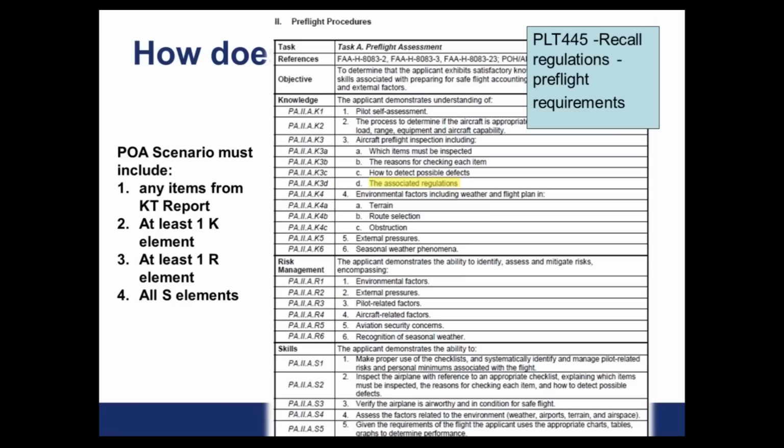So aircraft pre-flight inspection, including associated regulations. So it kind of makes more sense when you read it that way. So that's a pretty good match with our PLT code. So I, as the designee, am going to include Kilo 3 Delta in my plan of action. So we have satisfied the first rule of what must be on the Checkride.